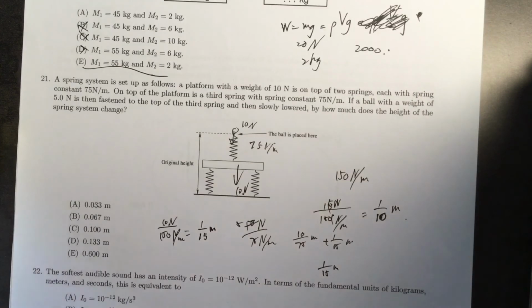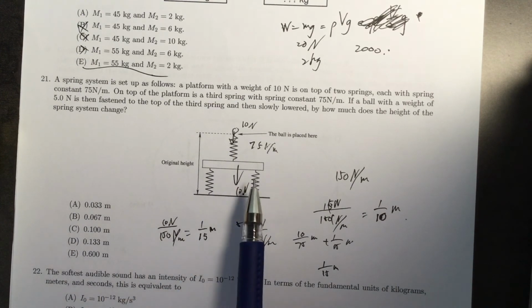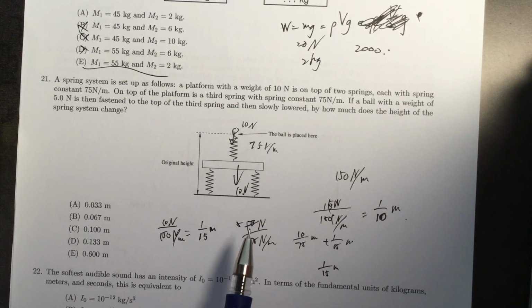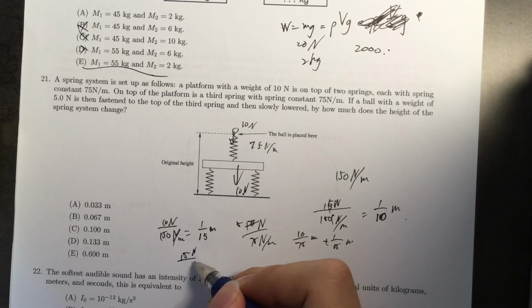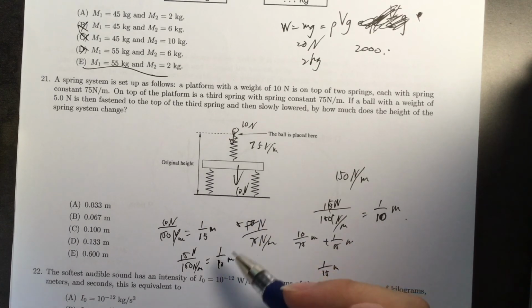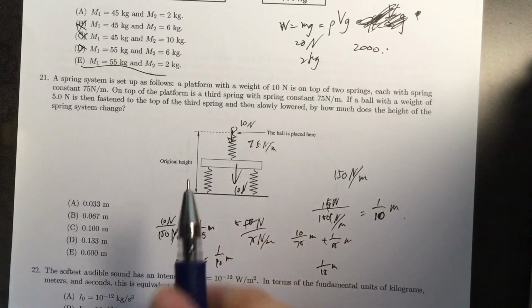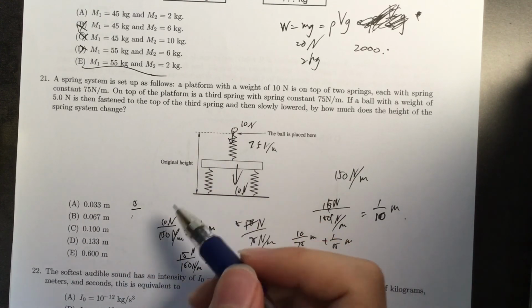And now because we add a little ball here, the total system is compressed a little bit more, by an amount of 15 newtons divided by 150 newtons per meter now. So now it's 1 over 10 meters. But also because of this ball, the top spring is compressed.